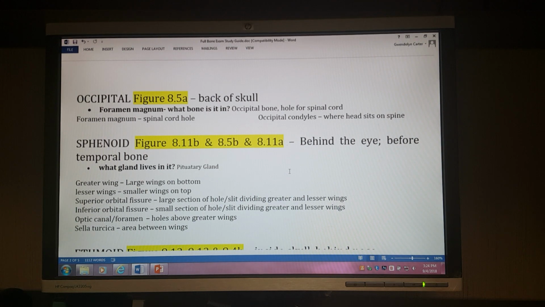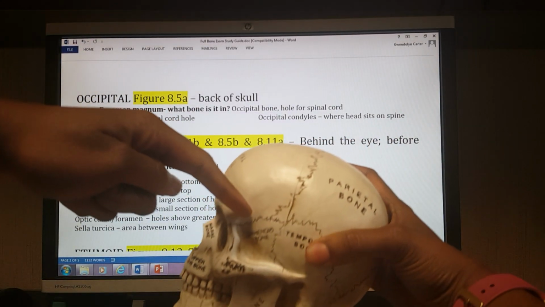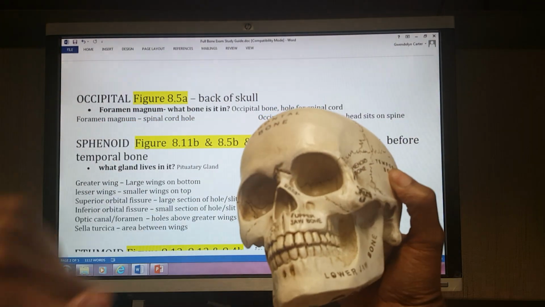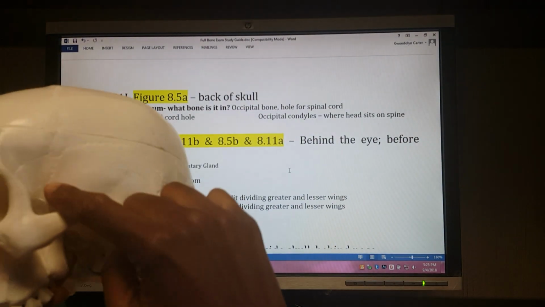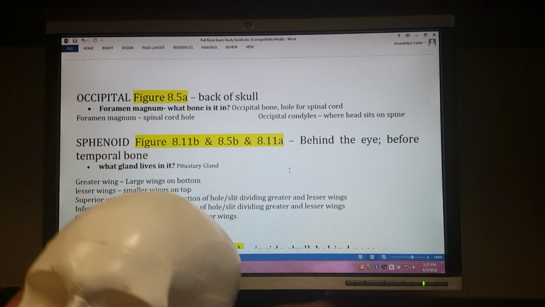Next bone, sphenoid bone. Your sphenoid bone is a little bit more of an internal bone. It's behind the eye and before your temporal bone. Part of it actually shows on the outside surface, so locate it here, and then it also moves inside the eye. This isn't a good example, so I'm going to move to this one. So outside here, moving towards the inside of your eye.